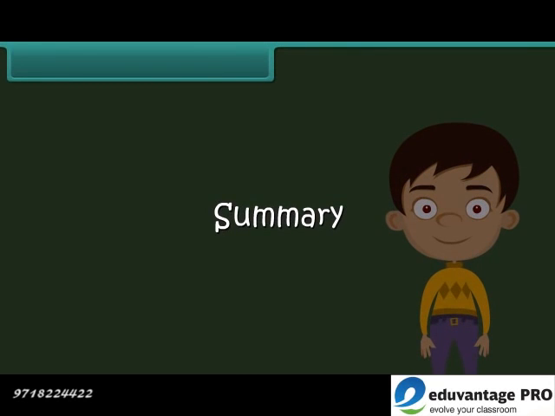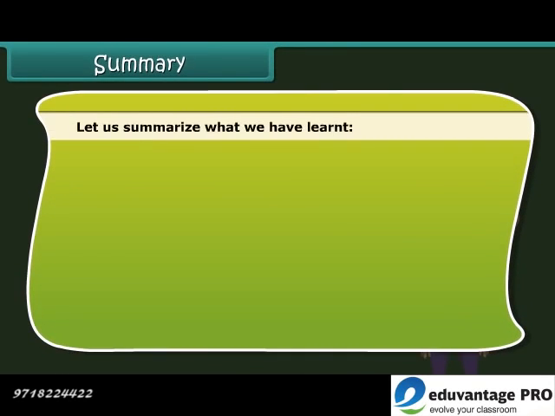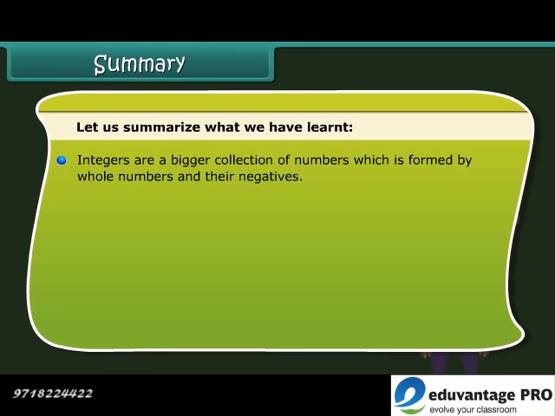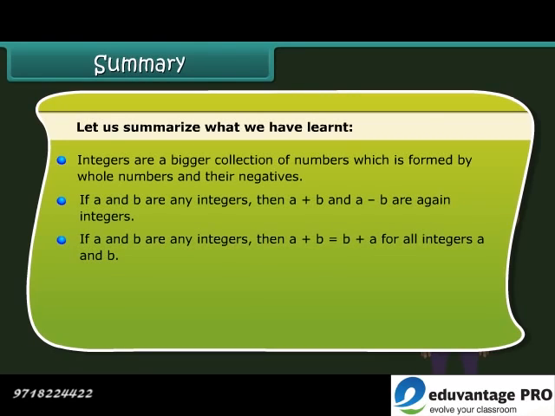Summary. Let us summarize what we have learned. Integers are a bigger collection of numbers which is formed by whole numbers and their negatives. If a and b are any integers, then a + b and a - b are again integers. If a and b are any integers, then a + b is equal to b + a.